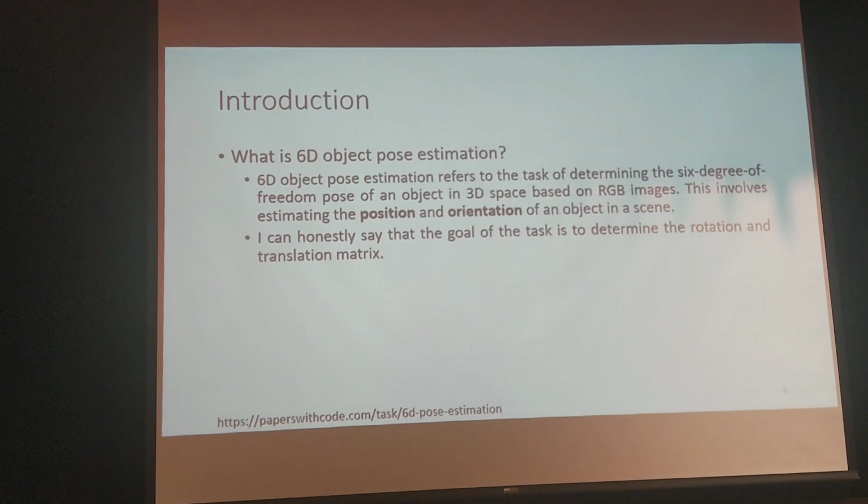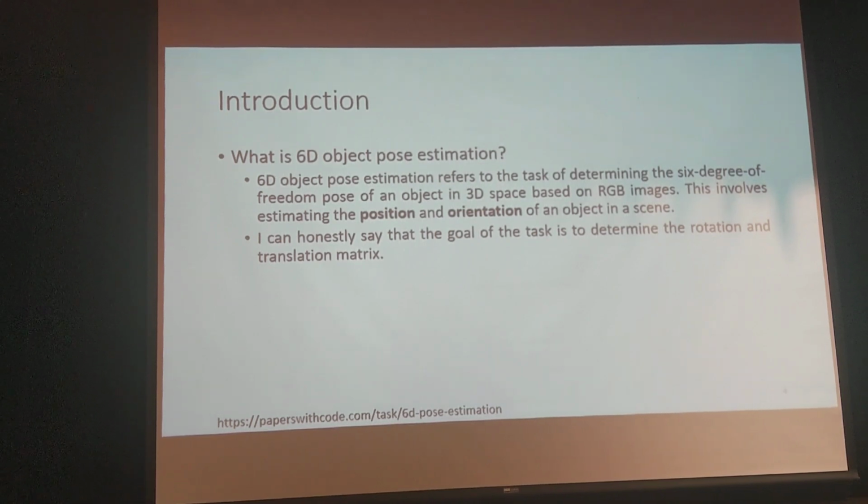On this page, I want to answer the question, what is 6D object pose estimation? Object pose estimation refers to the task of determining the 6 degree of freedom pose of an object in 3D space based on RGB images.